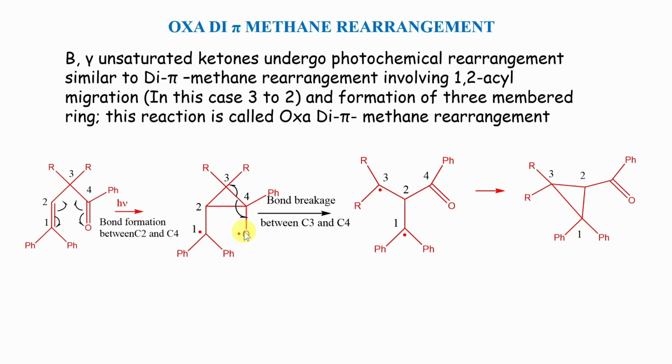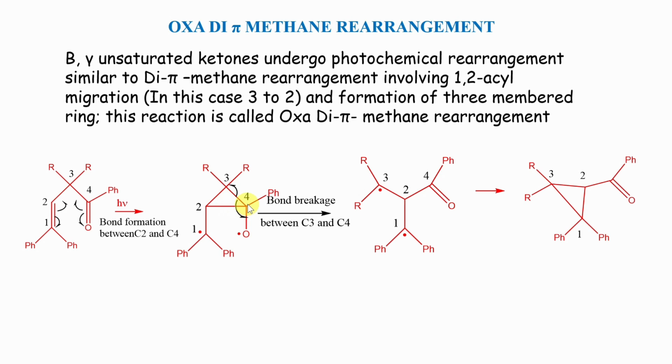In the second stage, the 3,4 bond, the bond between the third carbon atom and the fourth carbon atom, undergoes homolysis. One electron goes to the third carbon atom while the other goes to the fourth carbon atom.